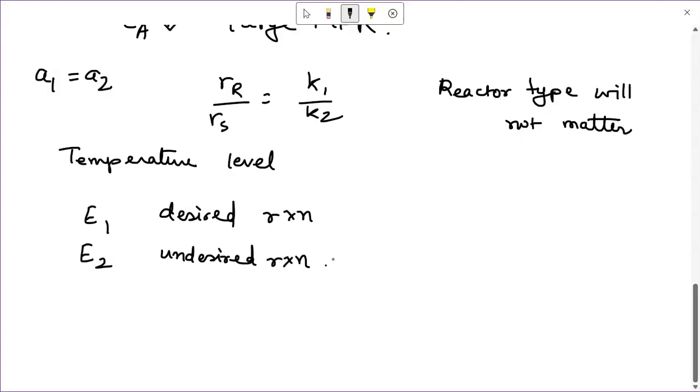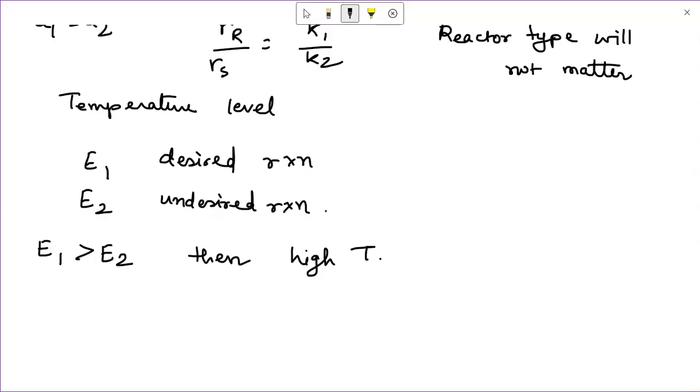Now if E1 is greater than E2, then we will like to have high temperature, because the higher temperature will favor more formation of the R component.